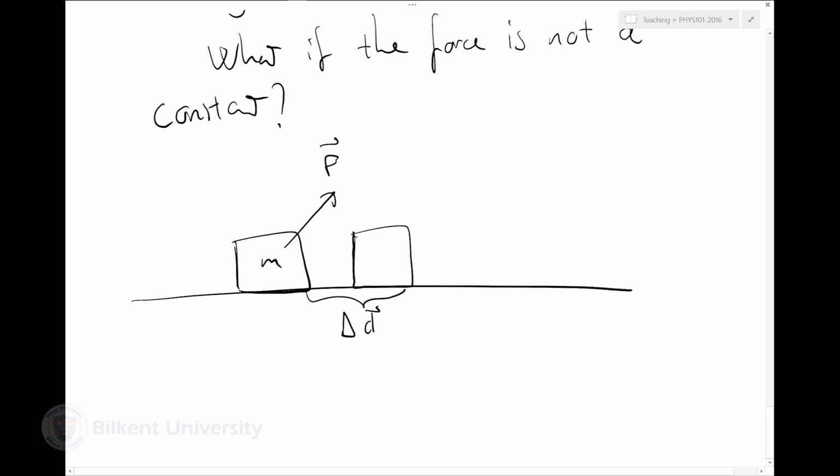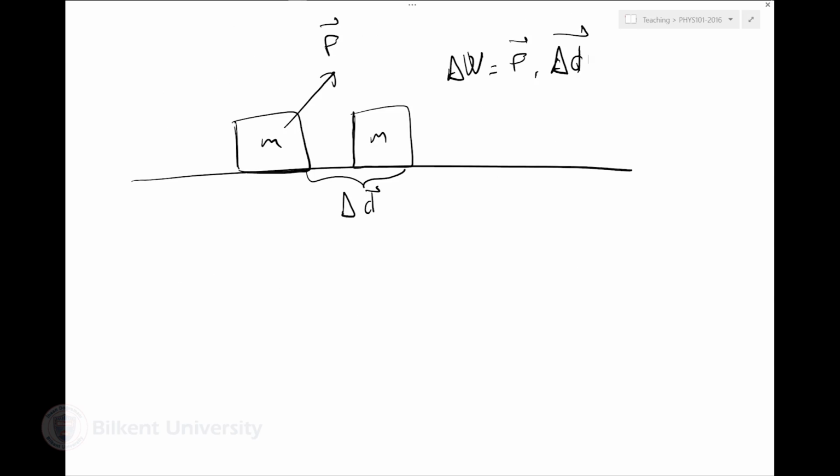So I've moved not too much still. What would be the small amount of work done? Delta work done in that case will be F dot delta d. Right. What would then be the total work done when I actually go a finite distance? It will be the summation of all these differential works done.